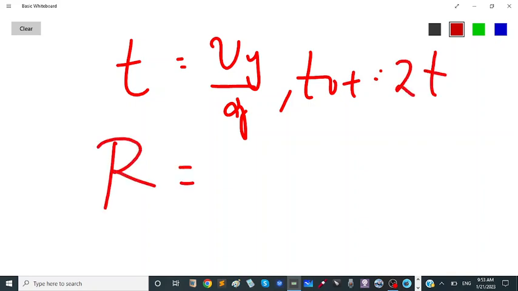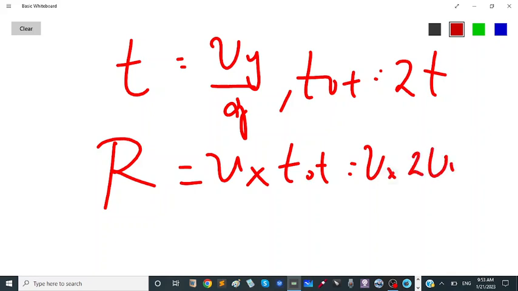So range is equal to ux times t total, which means ux times 2 times Uy over g.